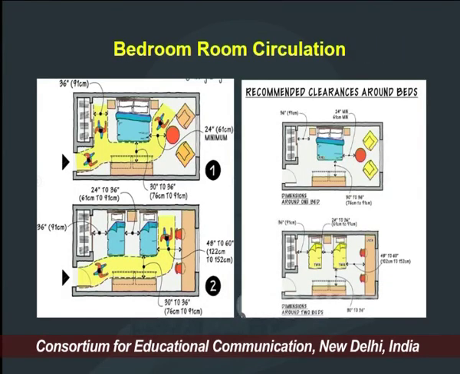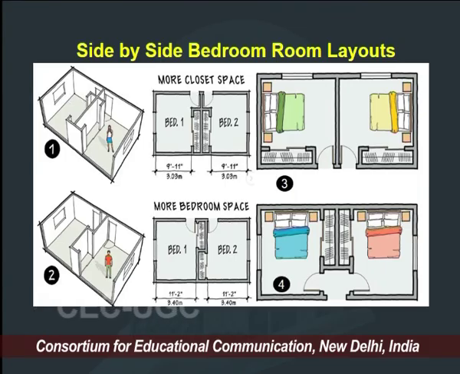So these are few examples of bedroom circulation where enough circulation movement is placed between the bed, the side table and the wardrobe, the bed and the seating area, bed and the TV cabinet which is placed right on the opposite side of the bed.